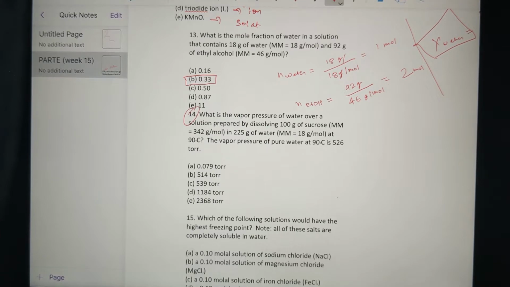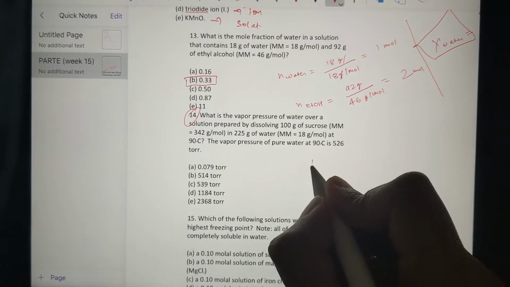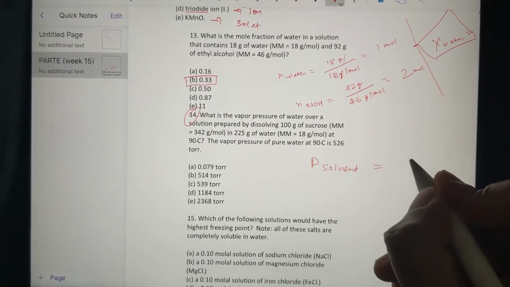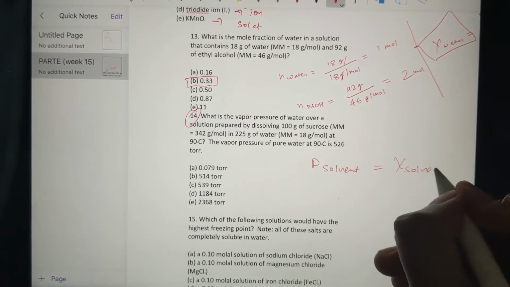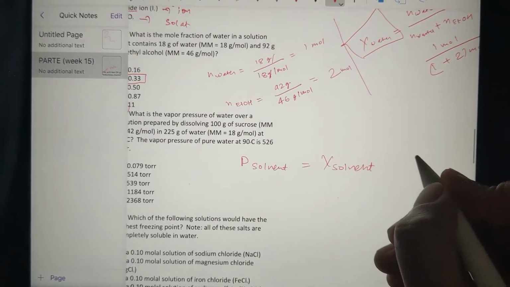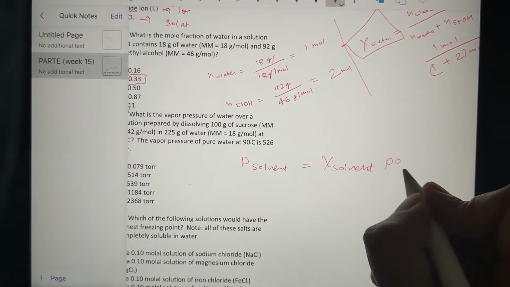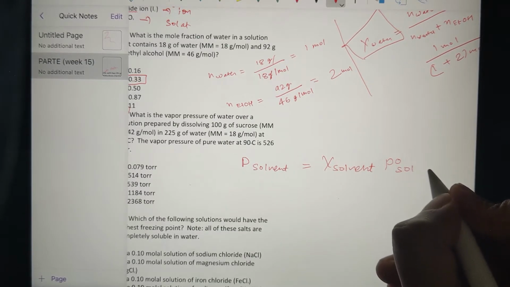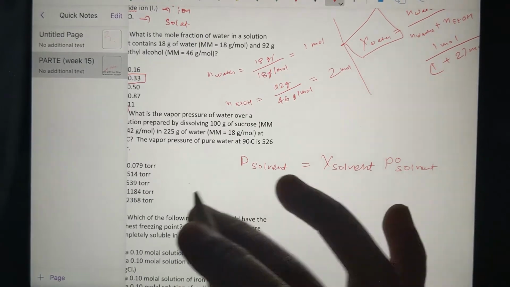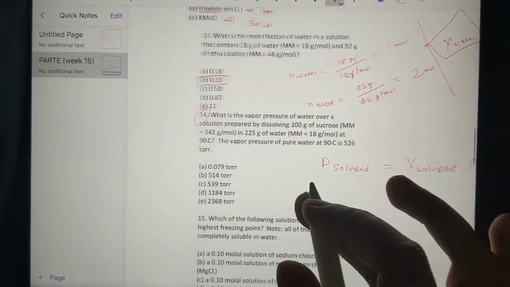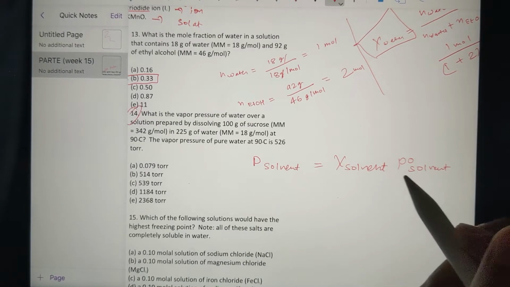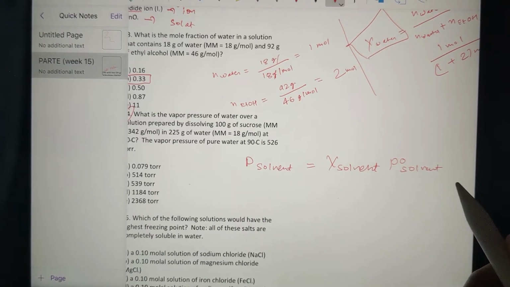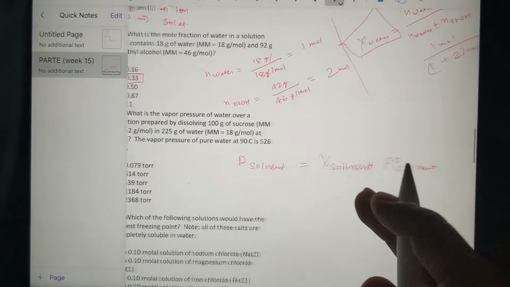So for this you're gonna use this equation, which is called P solvent is equal to... Yeah, so this will be your vapor pressure of your pure water.